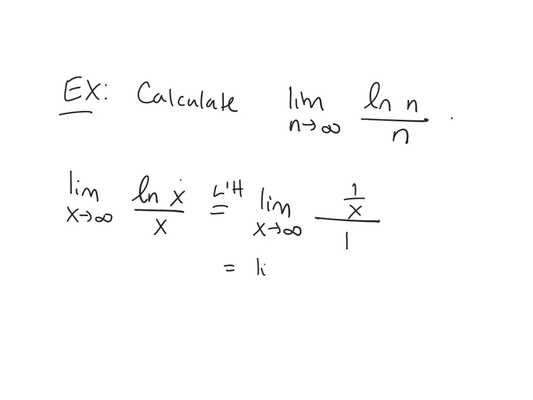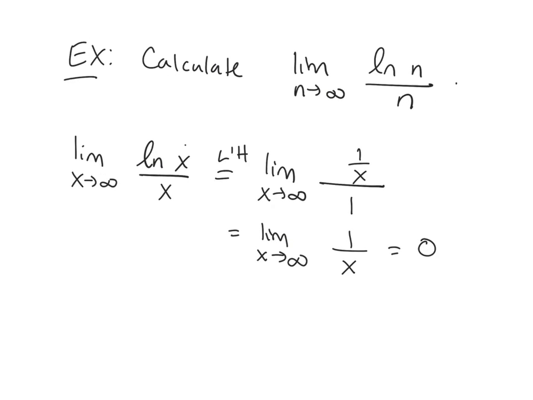So I'm really just looking at the limit as x goes to infinity of 1 over x. 0 is that limit. Okay? So because the limit, when I turned it into a function, I got 0, that also tells me that the limit of my sequence, ln of n over n, is also 0 as well.